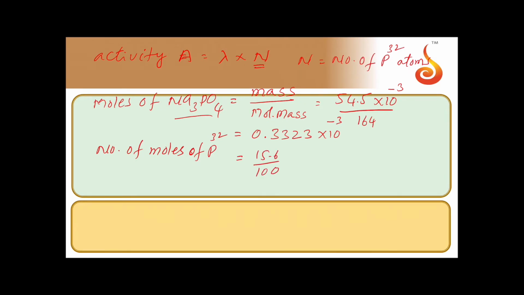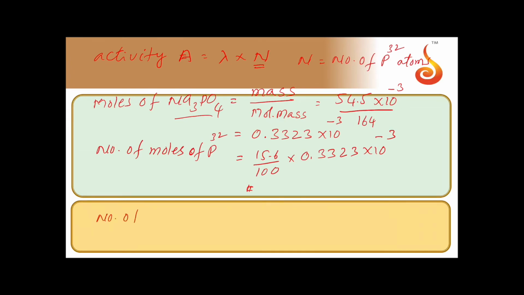So 15.6 percent of this many moles, 0.3323 into 10 to the power of minus 3. At the end we can calculate this, because we require the number of atoms, so we need not do this calculation here. So we'll find out the number of atoms also.